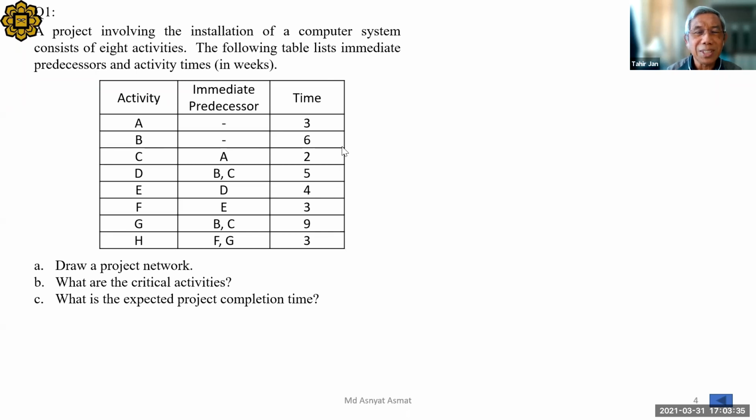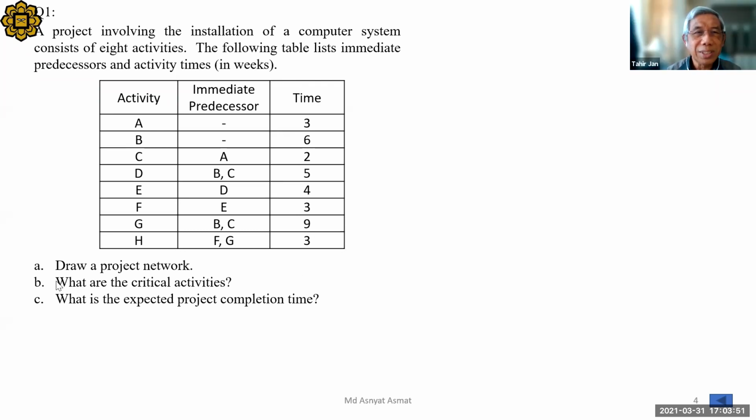CPM or PERT? Look at the activity time. There's only one activity time. So that means it is a deterministic technique. So we are going to use CPM.